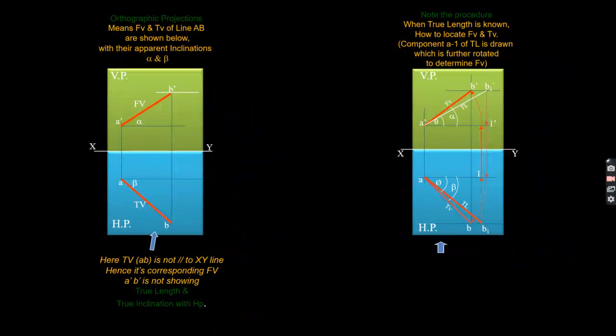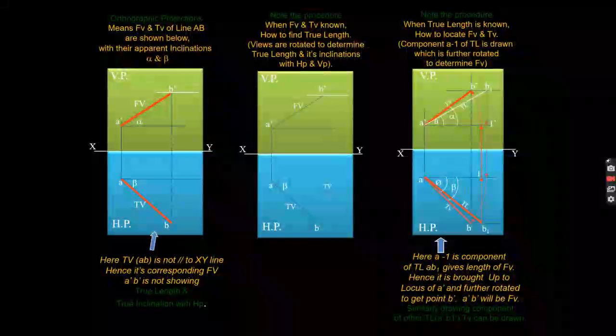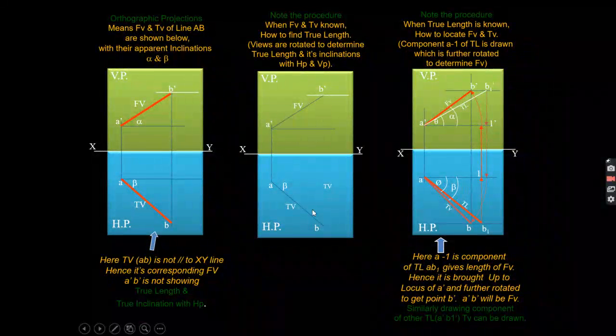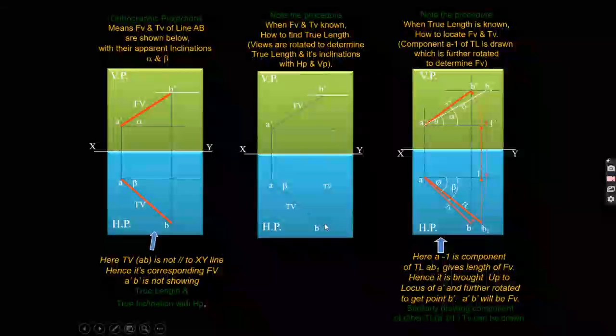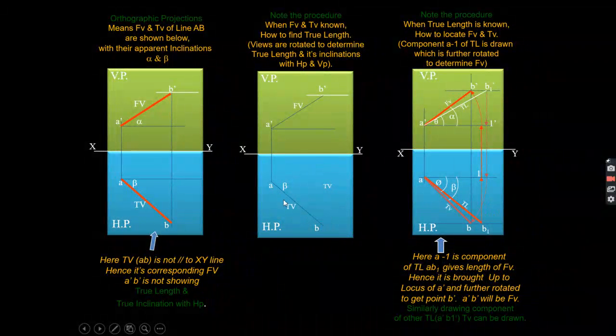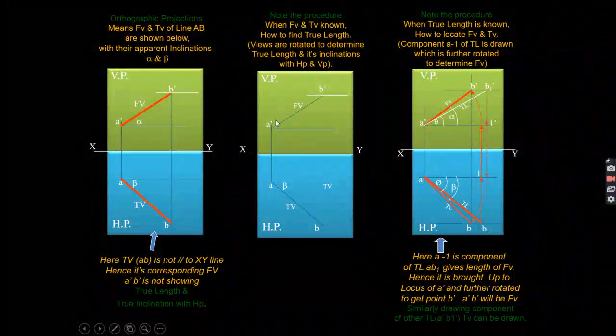The same way, suppose the projection of the line is given to you, and you have to find out the true length of the line. Okay, so I will follow the reverse process. Means the projected length is given to you, the position of the point is given to you.